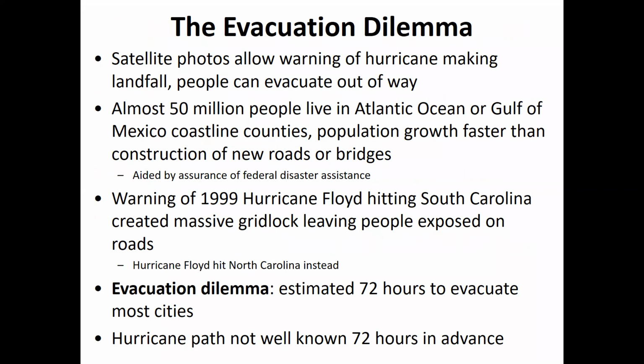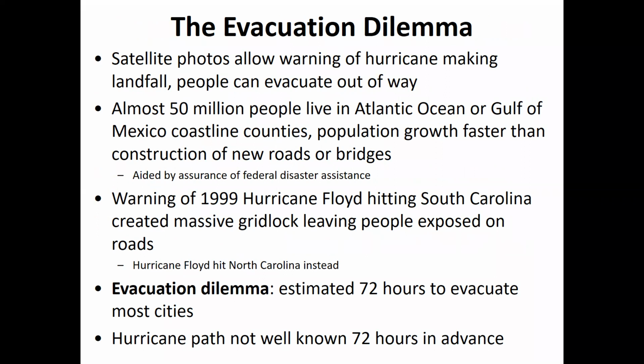So we have this evacuation dilemma with hurricanes. Satellite photos allow warning of hurricanes making landfall so that we can evacuate people. However, there's about 50 million people that live in the Atlantic Ocean or Gulf of Mexico coastline counties.